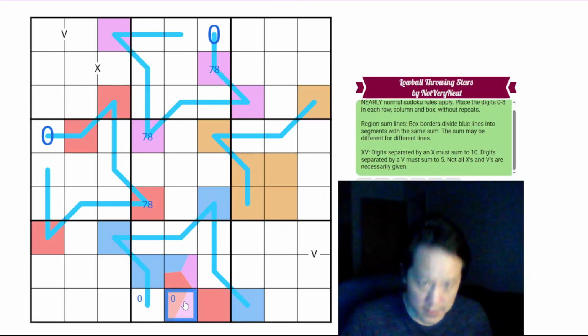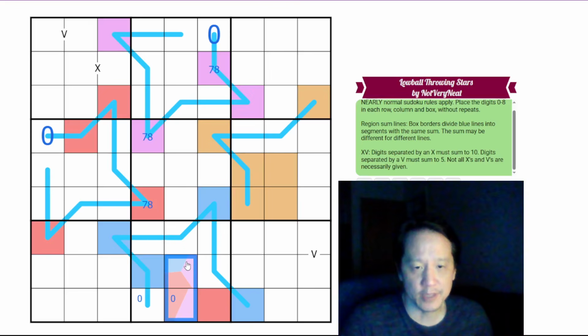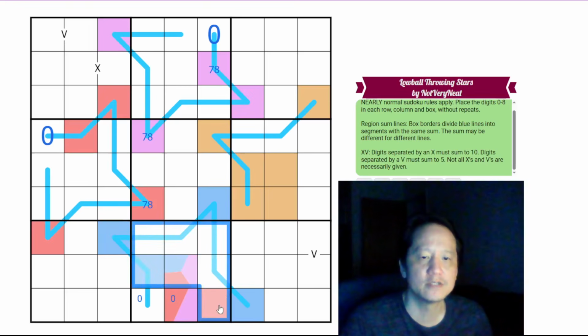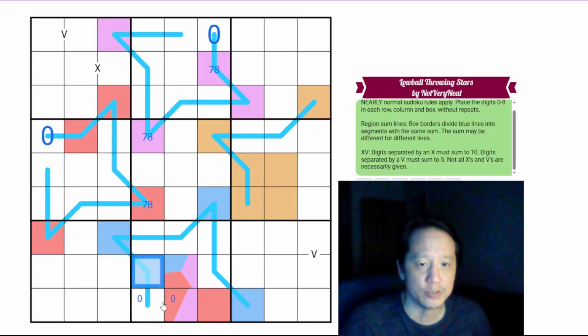Well, if this is 0, that guarantees this cannot be blue, because blue plus 0 only adds up to blue, so this would be 0 and blue. But the problem with that is we don't have a space for the pink and the red cell in that box, because again, they can't be on the region sum line, so they have to be 2 out of the 3 cells here. So if this is 0, that's blue. If this is blue, this is 0, because 0 plus another digit is not adding up to a blue digit.